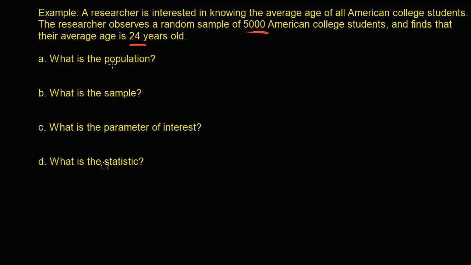So now let's determine, what is the population? Let's think through these questions here. What is the population? Okay, so we know from the previous video that the population is the set of all observations of interest. Right? So in this case, what are we interested in observing? We're interested in observing the age of all American students.